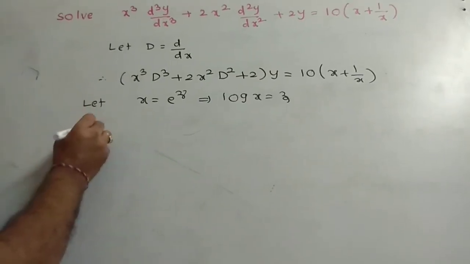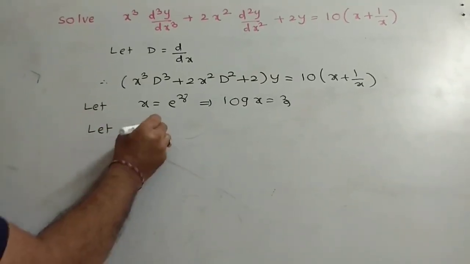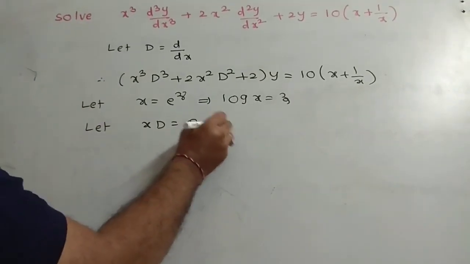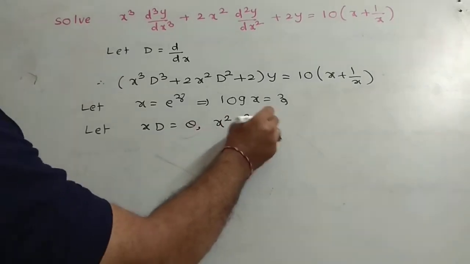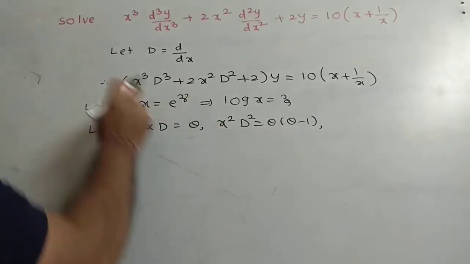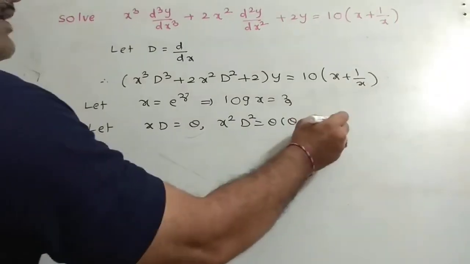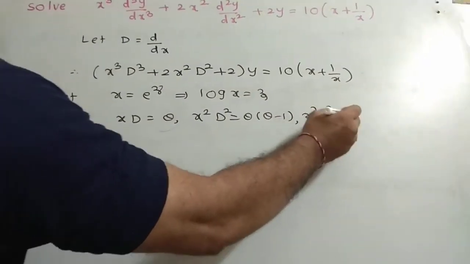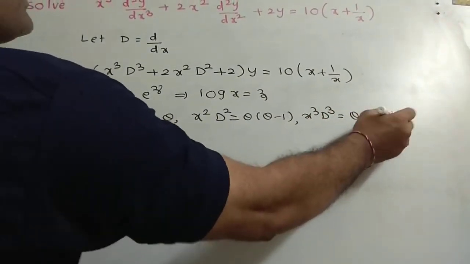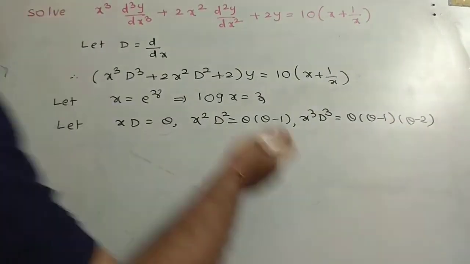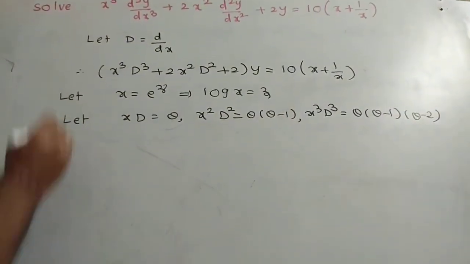The next step is you introduce x D equal to theta, x square D square equal to theta (theta minus 1), and for x cube D cube you substitute theta (theta minus 1)(theta minus 2). Now you substitute these values in the given equation.